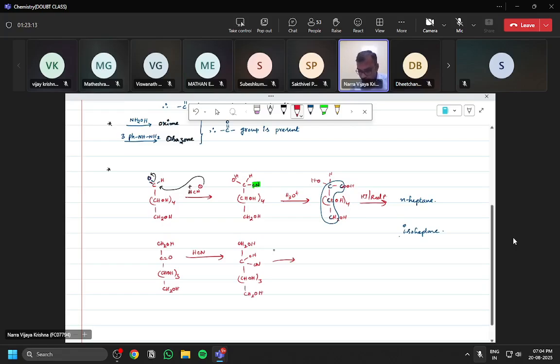Now I am doing hydrolysis. Then the cyanide group converts into carboxylic acid. Now I am adding hydrogenated red phosphorus. Then the whole carbon chain will convert into alkane.